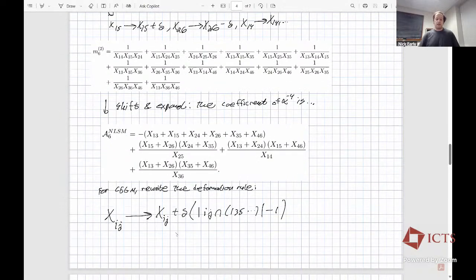Now for CGM, we have to rewrite the deformation rule just a little bit. Writing X odd-odd and X even-even is equivalent to saying X_ij goes to X_ij plus delta times the size of the intersection of ij with {1,3,5} minus 1. So X_13 is sent to X_13 plus delta times 2 minus 1. Then we deform.